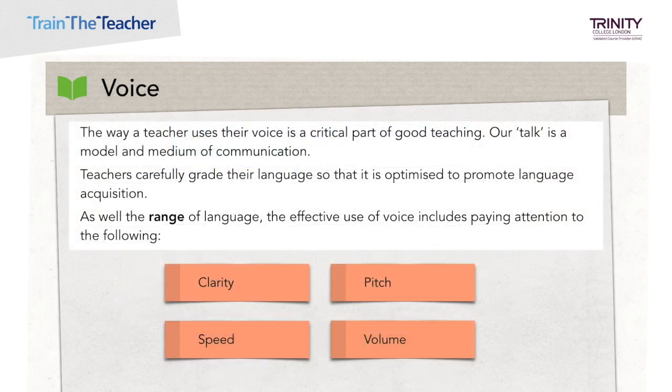Voice. The way a teacher uses their voice is a critical part of good teaching. Our talk is both a model and medium of communication. Teachers carefully grade their language so that it's optimized to promote language acquisition.